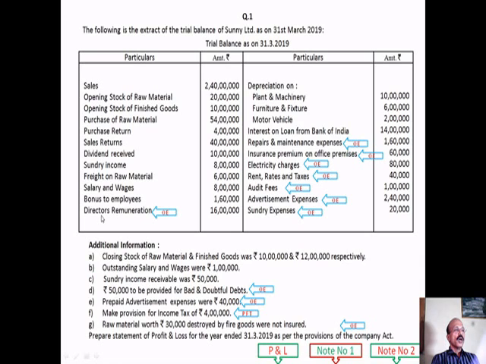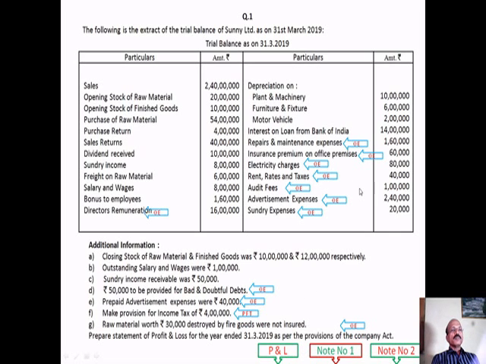It starts from director's remuneration, repairs and maintenance expenses, insurance premium on office premises, electricity charges, rent and taxes, audit fees, advertisement expenses, and sundry expenses. And there is adjustment on a doubtful debt, that is bad debts, as well as prepaid advertisement expenses will be added, and provision. So let us do it one by one.